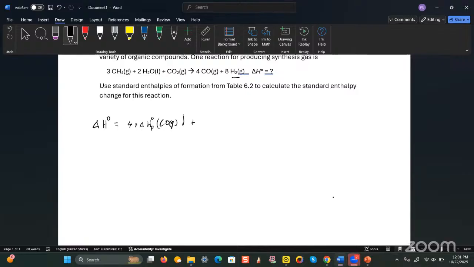The enthalpy of formation of that would be 0, so we don't need to look that up. So that would be 0 kilojoules per mole. Now that takes care of the product side of the equation.